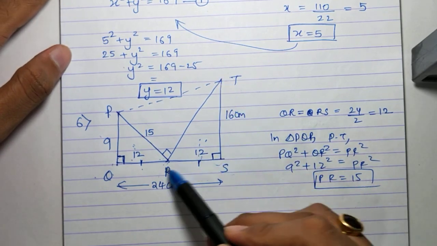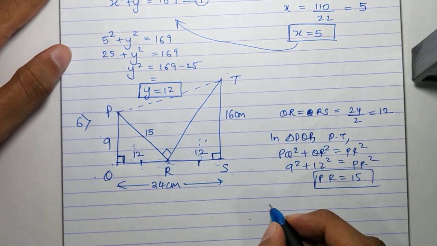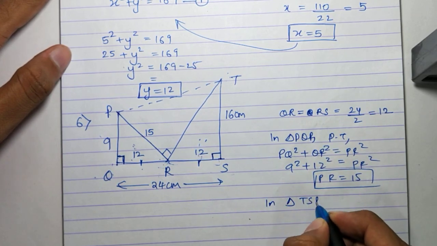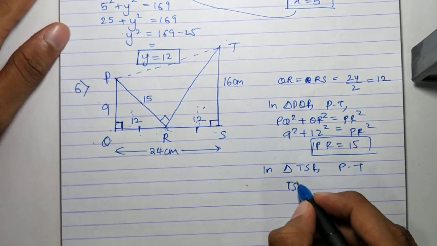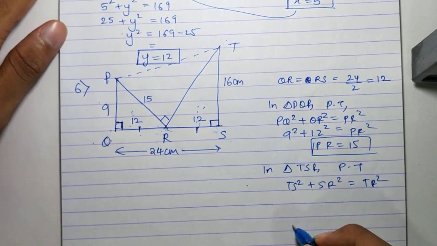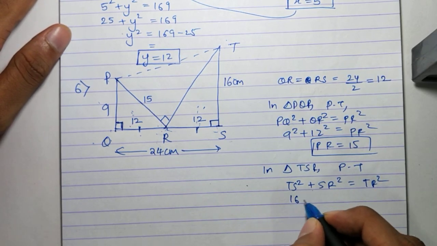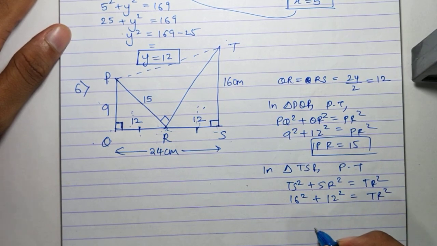Then take this triangle. TS square plus SR square equals TR square. So in triangle TSR, using Pythagoras theorem, TS is 16 square plus 12 square equals TR square.